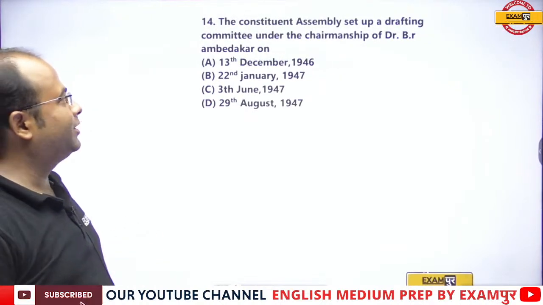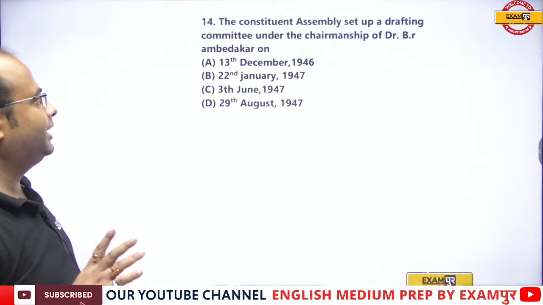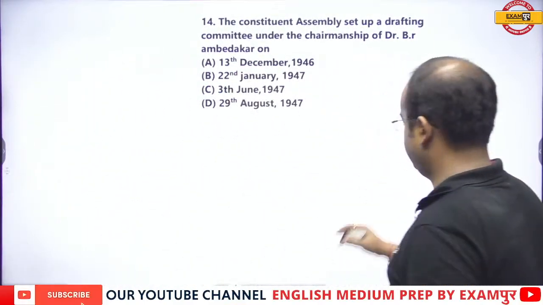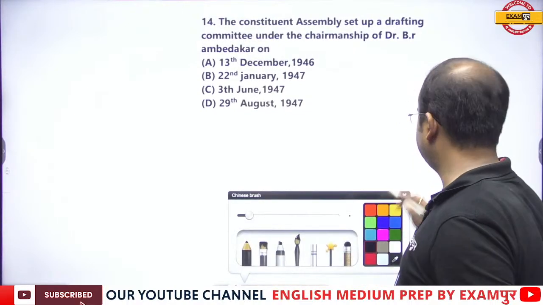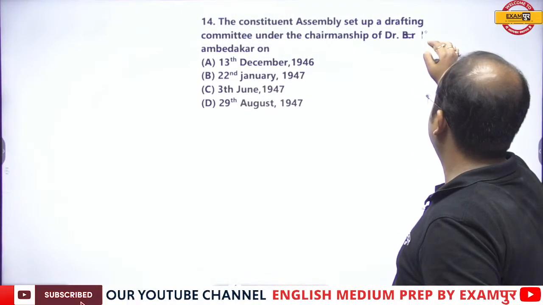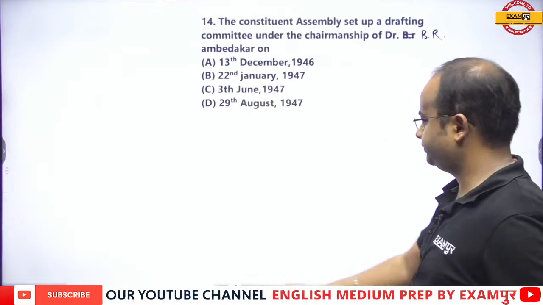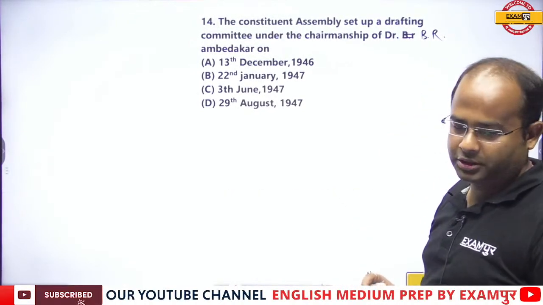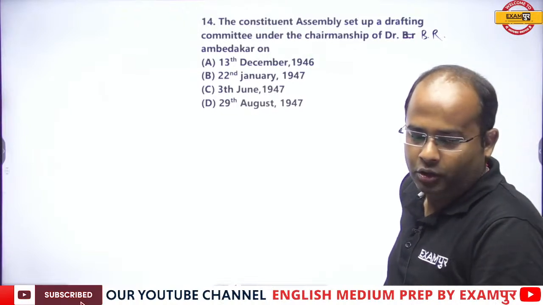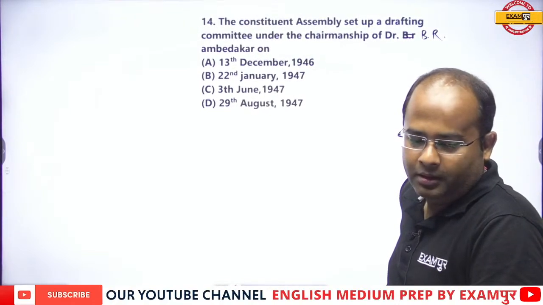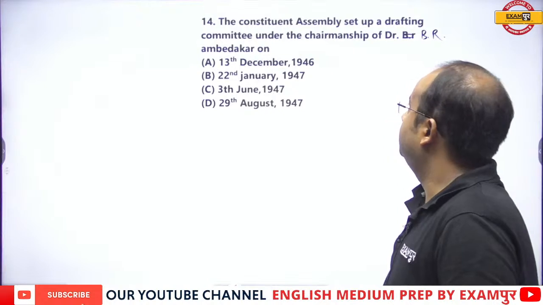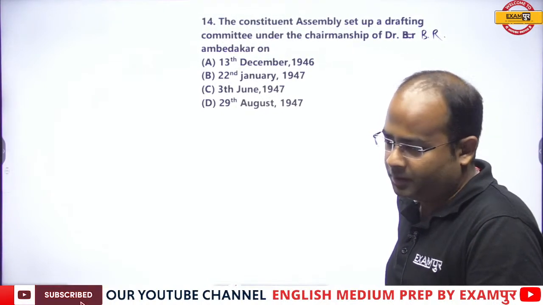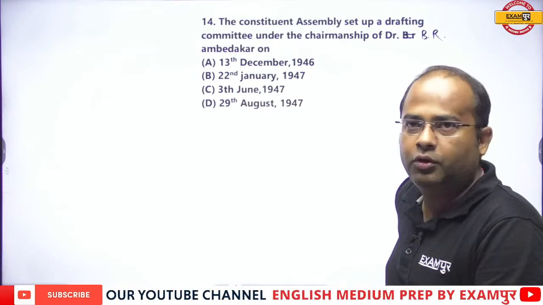Now, the Constituent Assembly set up drafting committee under the chairmanship of Baba Saheb Bhimrao Ambedkar. So that should be written like BR. So when was drafting committee created, guys?